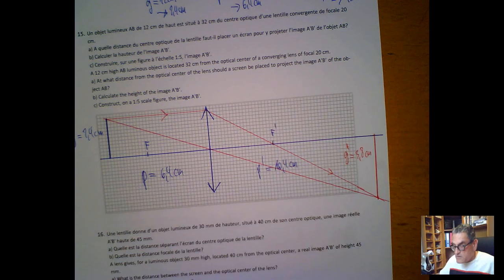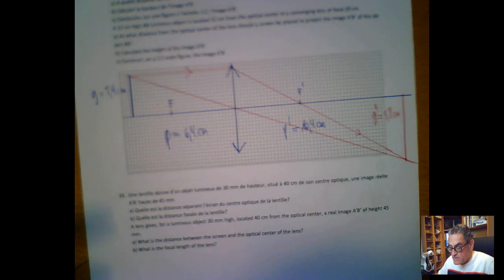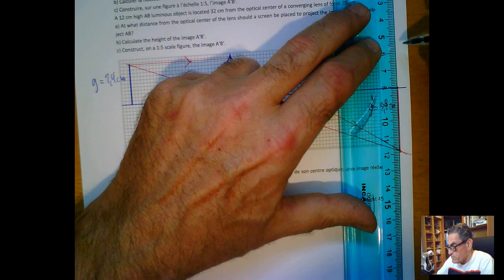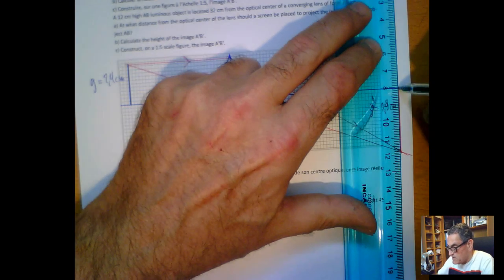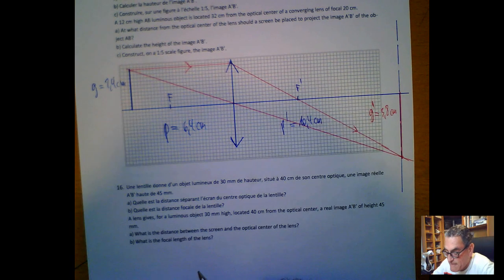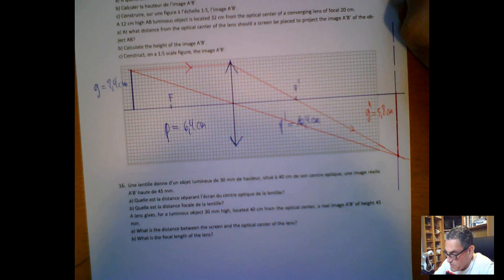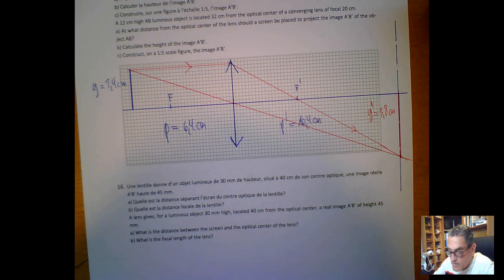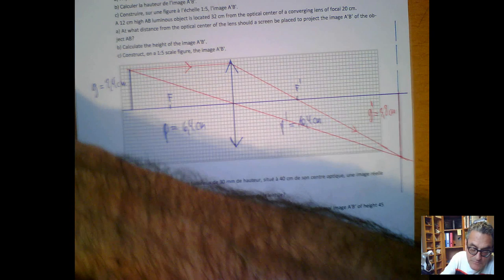Let's check the laws of lenses. So the answer to question A, where should we place the screen? Of course, the screen should be placed here at the place where the image is formed. So P prime is equal to 10.4 times 5.